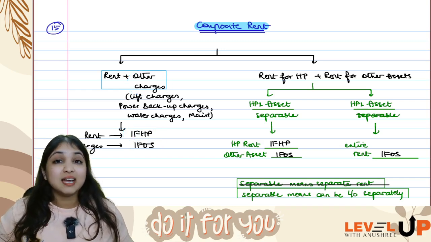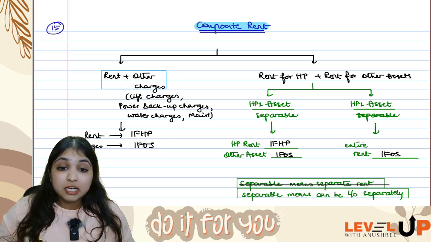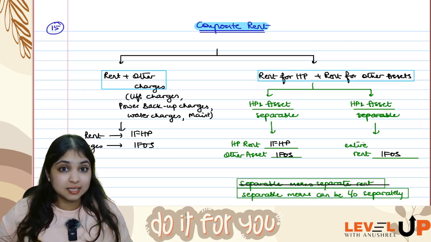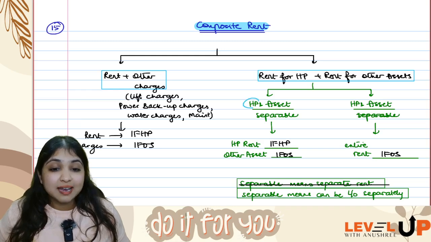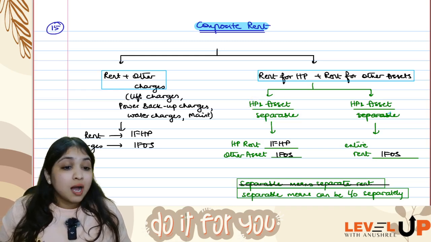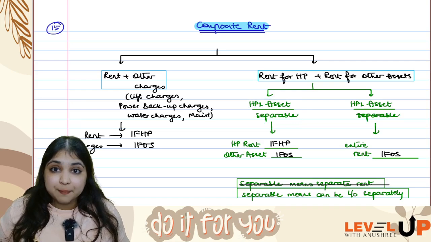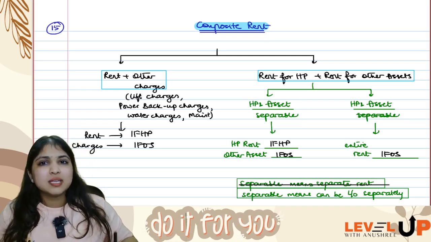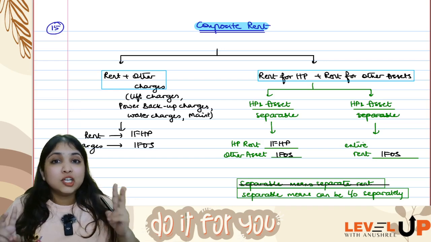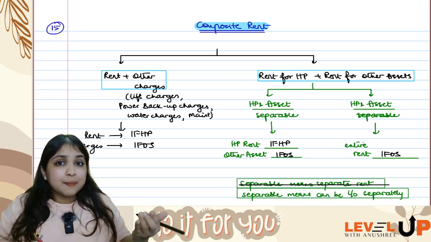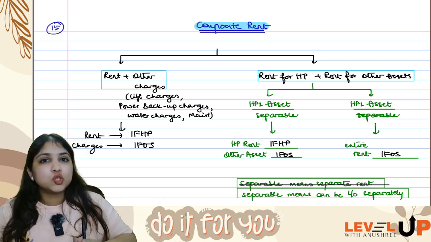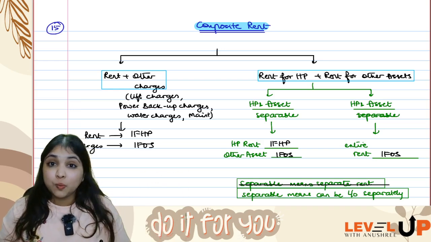But however, if the assessee is charging from the tenant rent for the house and also rent for other assets, then you will check, are the house and the assets, are they separable or are they not separable? If they are separable, for example, the house and the car, assessee has given to tenant two assets, house and car. They are separable. It is possible to let out house to one person, it is possible to let out car to another person.